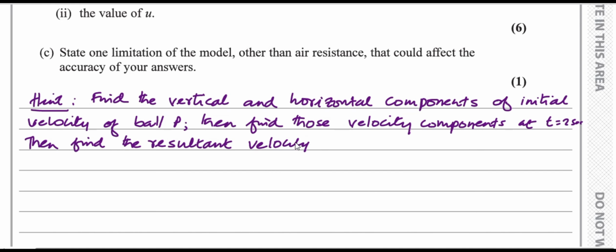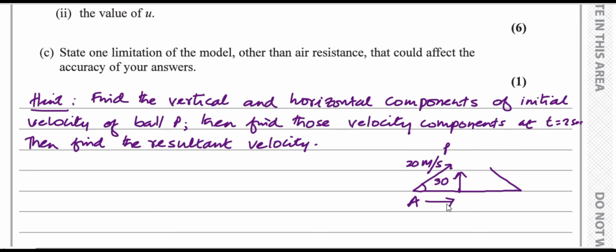Okay, so what is the vertical velocity component here? So in order to make it clear, let me sketch this diagram quickly here. So this is 30 degrees, this is point A, and this is ball P. It's going up at an angle at 20 meters per second speed. Right, and therefore it has got a horizontal component here and a vertical component here.